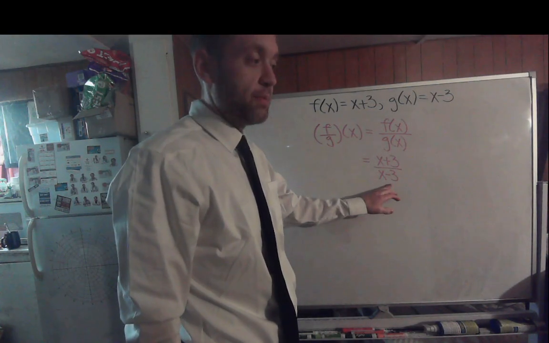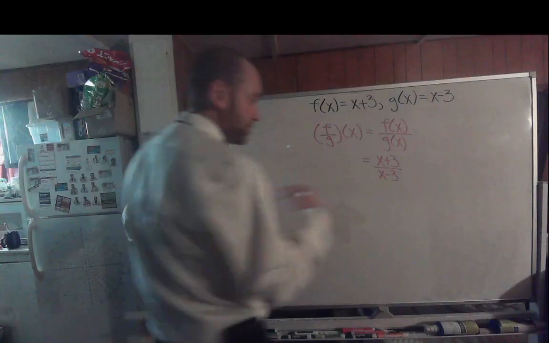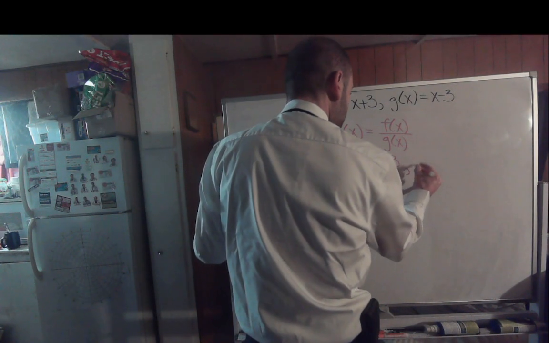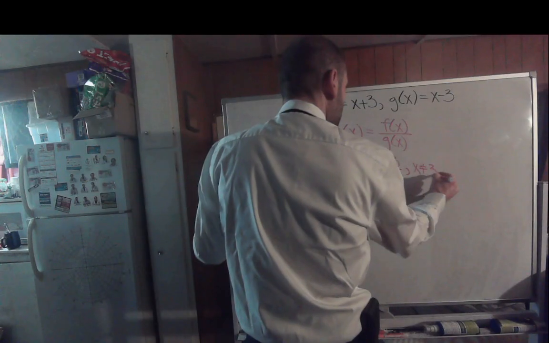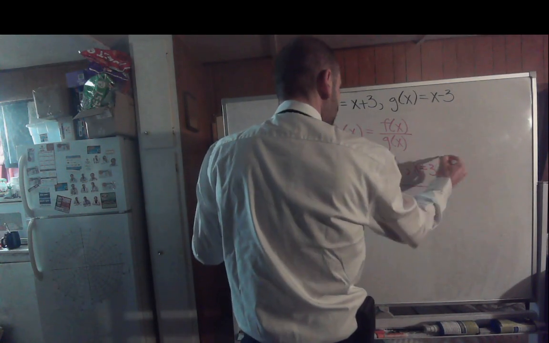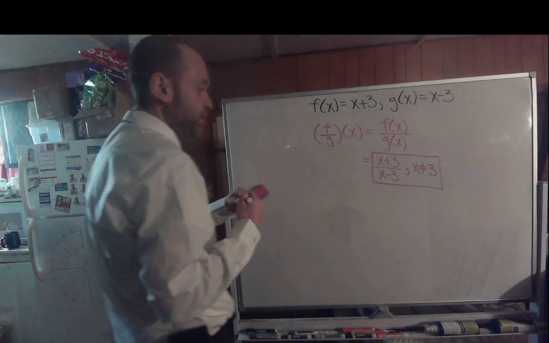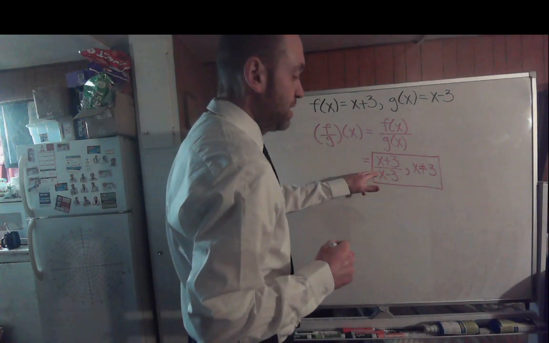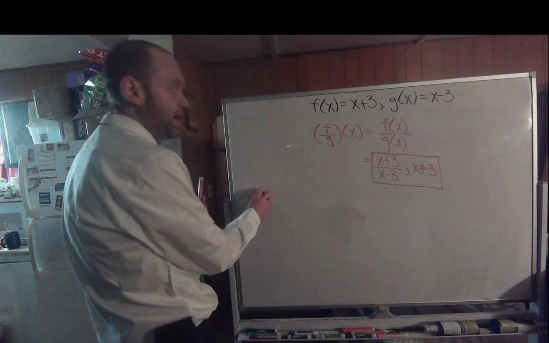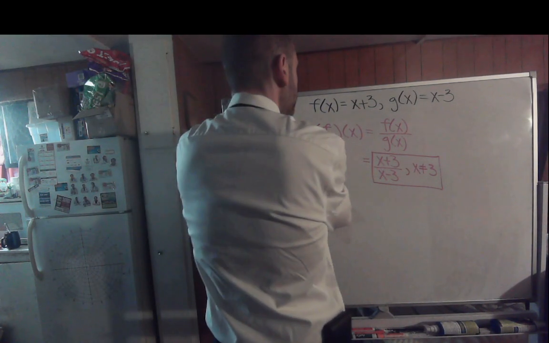When does the denominator equal 0? When x is 3, so that means x literally cannot equal 3. So f divided by g of x equals x plus 3 over x minus 3, where x does not equal 3. That's what you would get.